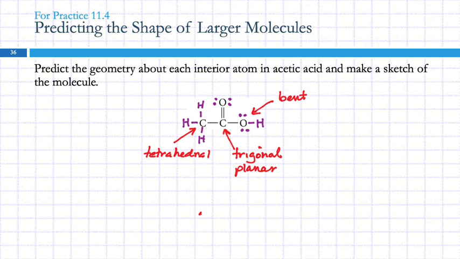Okay, so now I'm going to try to draw this. So there's the oxygen, and there's the hydrogen, and this is carbon, and here's our double bond with the oxygen, and single bond with the carbon. The idea is try to get as many things flat in the plane of the screen as possible.